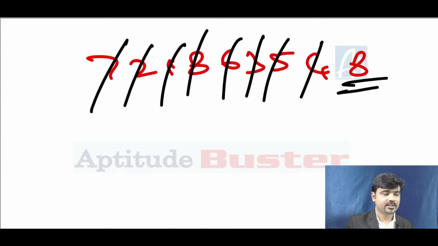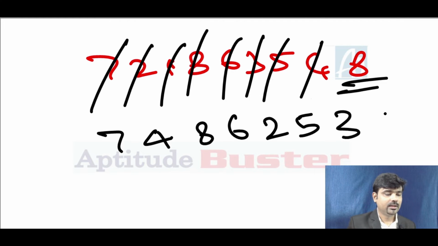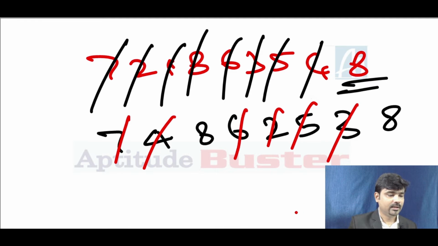Even if I arrange in this order, if I write 7 4 8 6 2 5 3 8, I rearranged: 7 and 2 make 9, leave it. Next, 4 and 5 make 9, and 6 and 3 make 9. Then I missed one number here, 1 and 8 make 9.